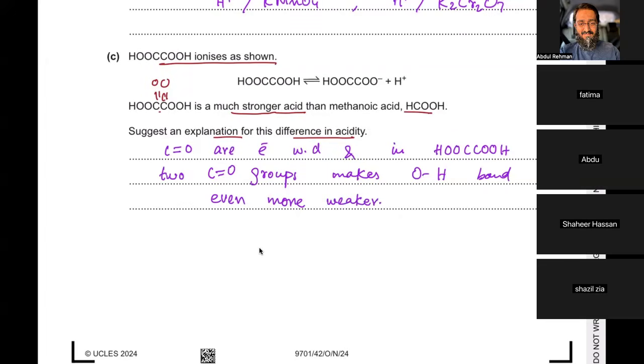Is this clear? Yeah, or you can write it stabilizes the anion.